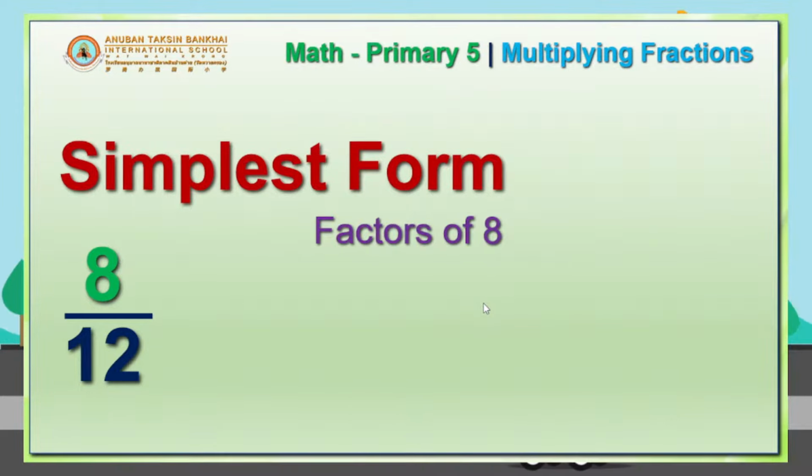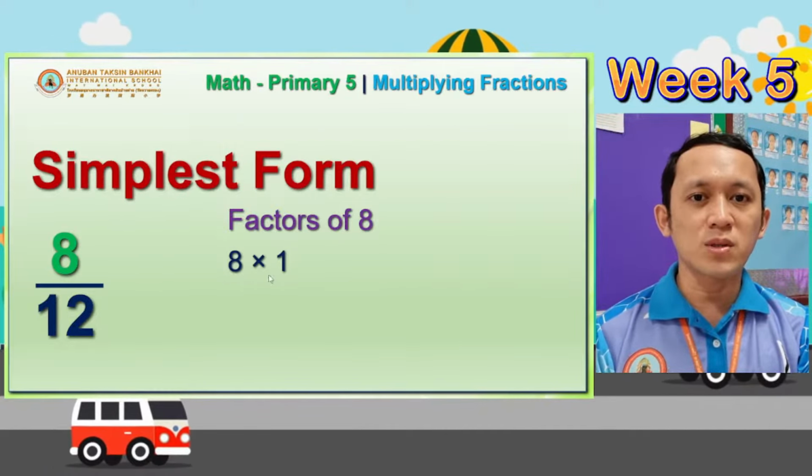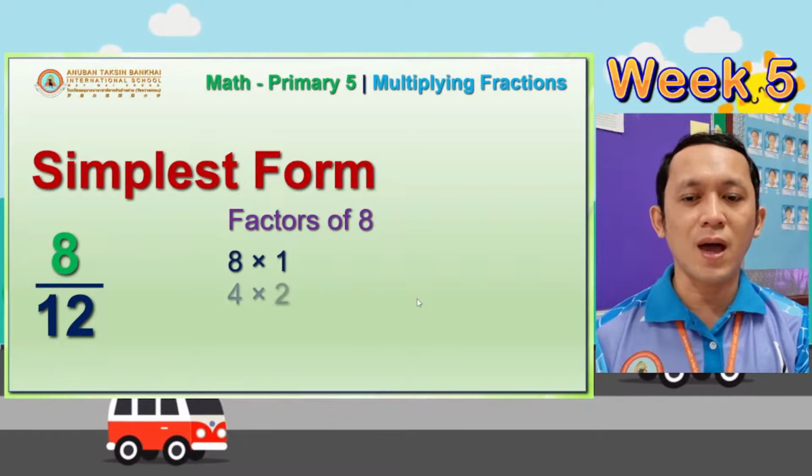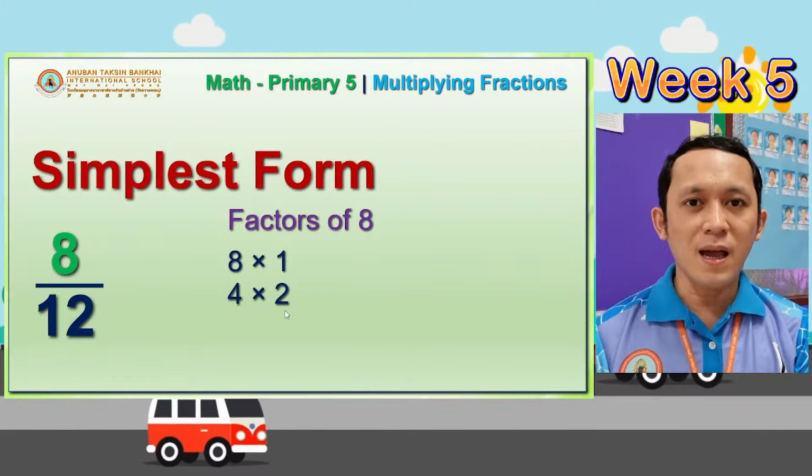We can do it like this. We have 8 times 1. When we say factors, these are the numbers that we can use to multiply to get that specific number. So in the example that we have here, 8, we have 8 times 1, we get 8. We could also have 4 times 2.